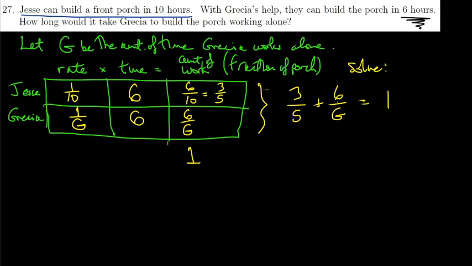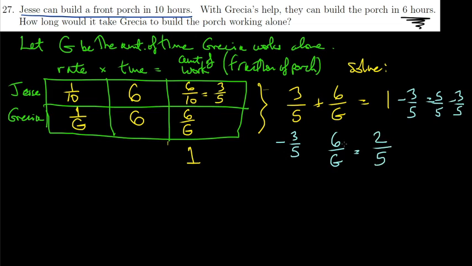Okay, so all you have to do is solve this for G. There are a lot of ways of doing it. The way I'm going to do it is just take away the 3/5 from each side. So 6 divided by G is equal to 5/5 minus 3/5, which is 2/5.